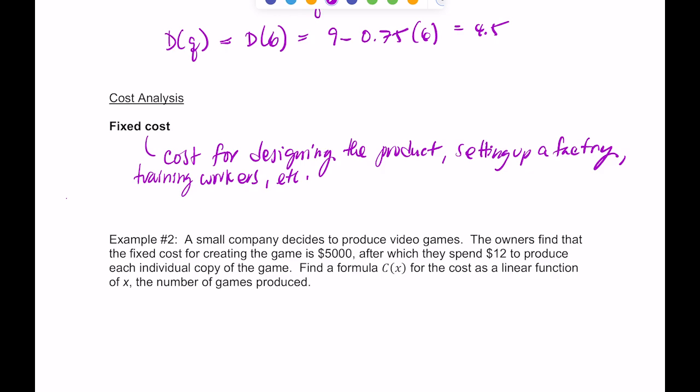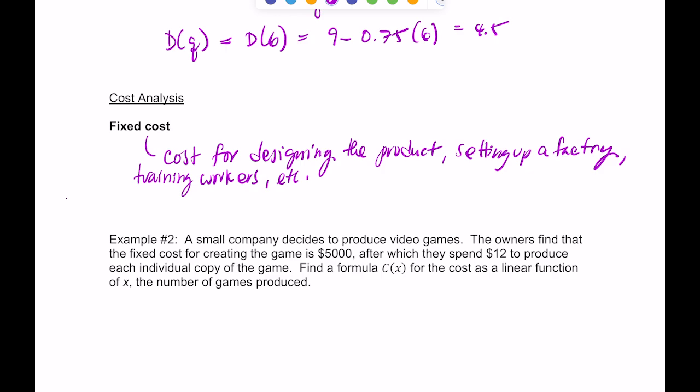So what is special about fixed cost is if you add it to the cost per item that you're producing, it's going to equal the cost of manufacturing that item. So you're taking into account everything that is involved with making this product, plus how much it costs to create the product, and that's going to equal the cost of manufacturing that item.